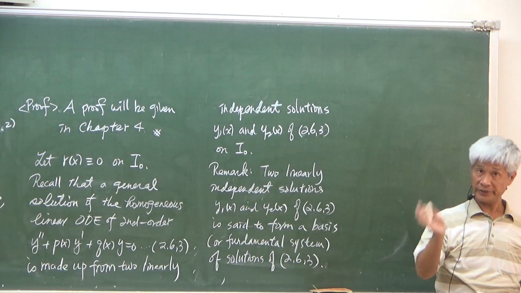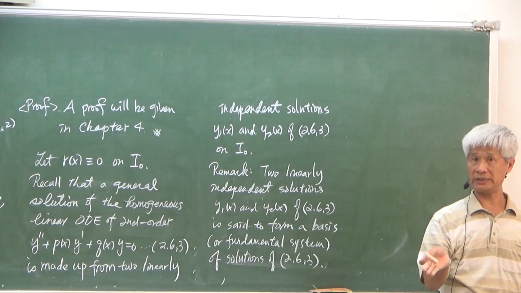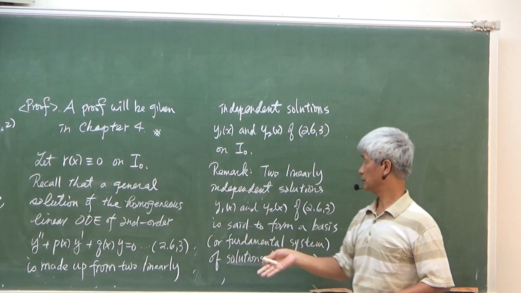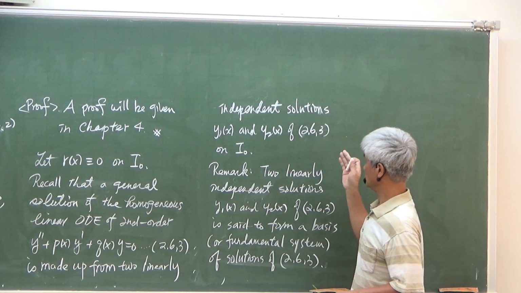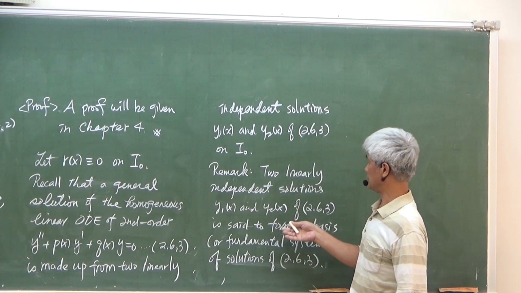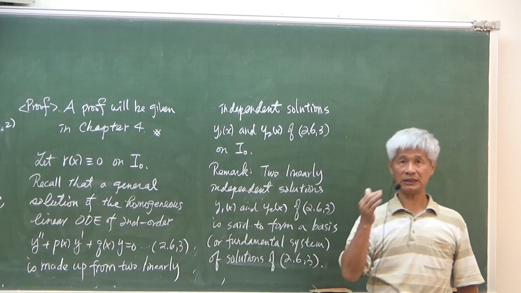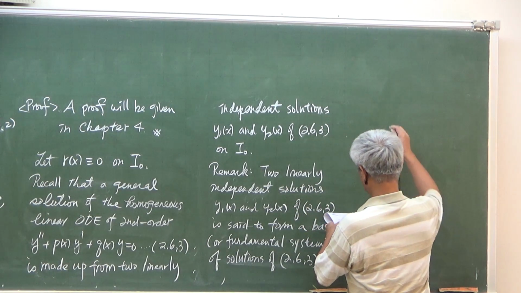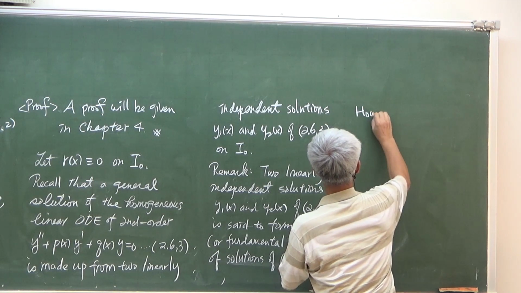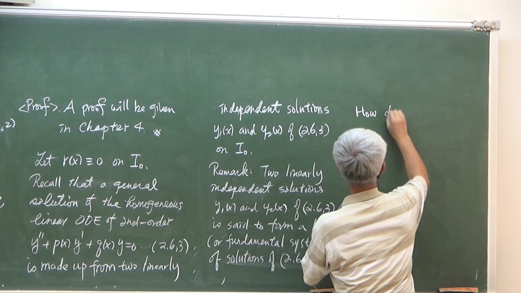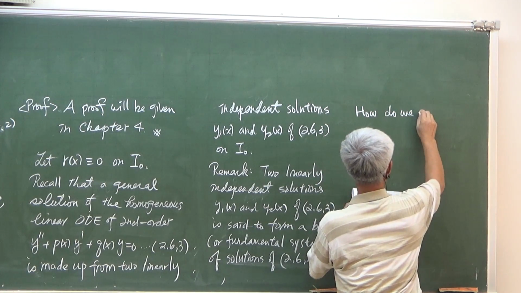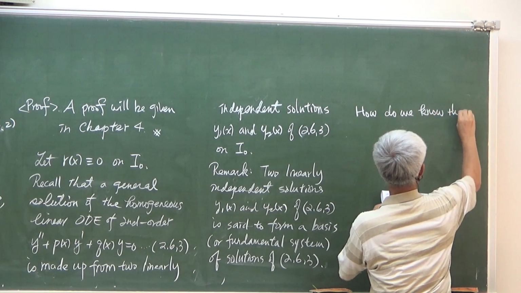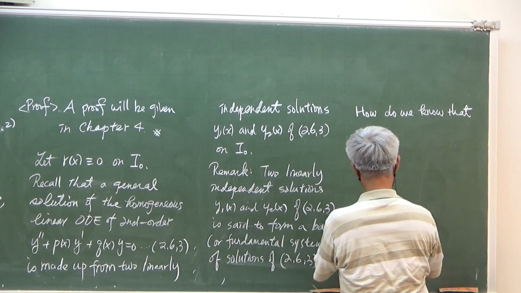Now, in previous section, we gave a definition, right? What the definition is that two solutions are linearly independent. But it's very important, how do we know? Can we develop a technique?